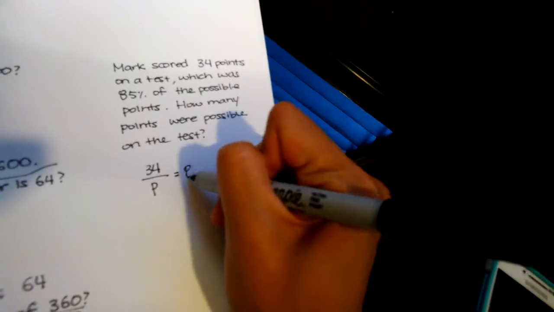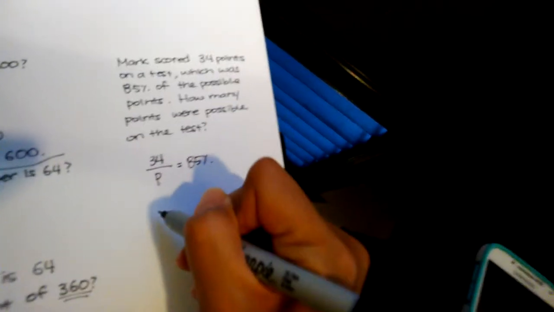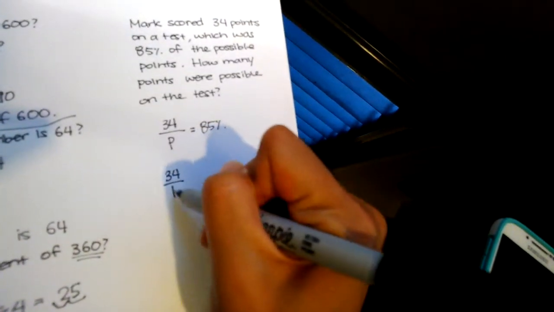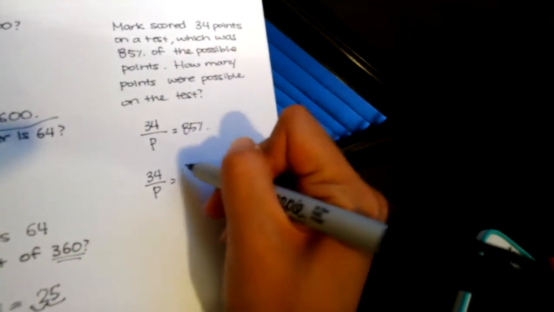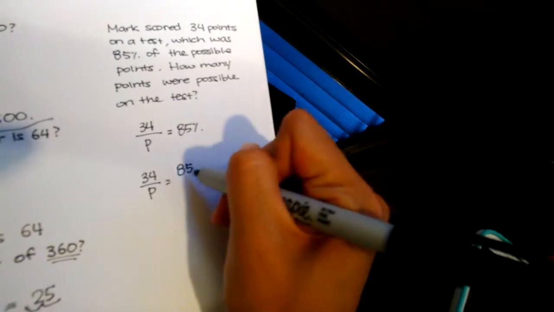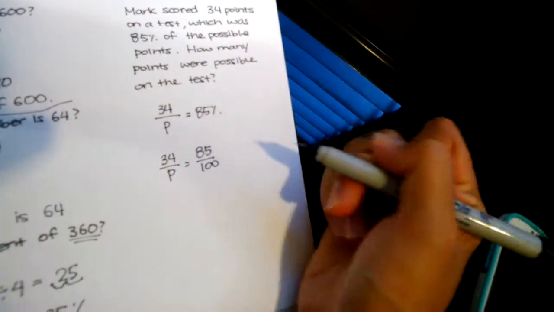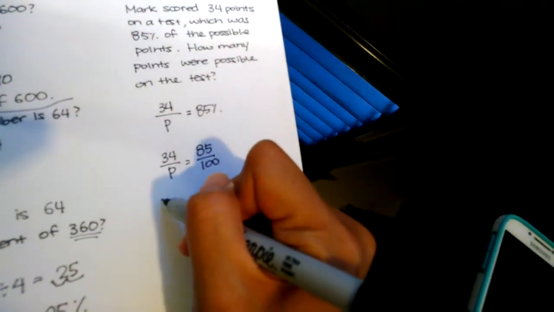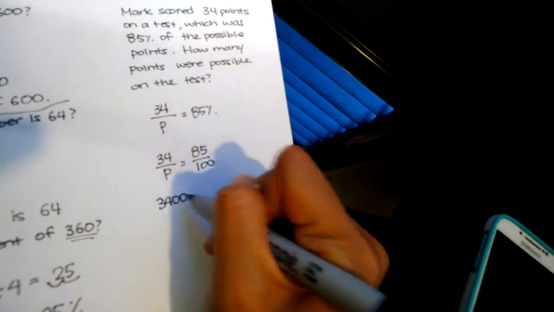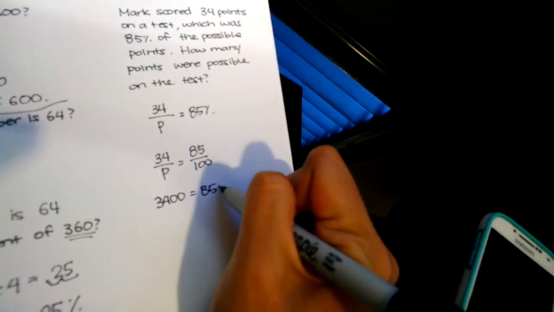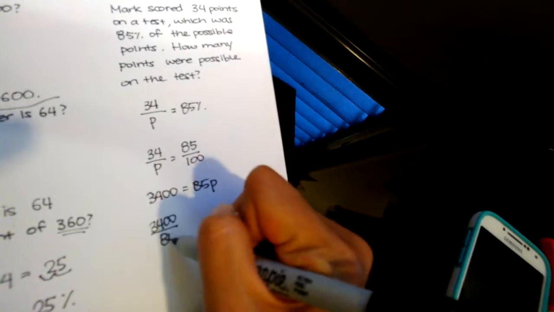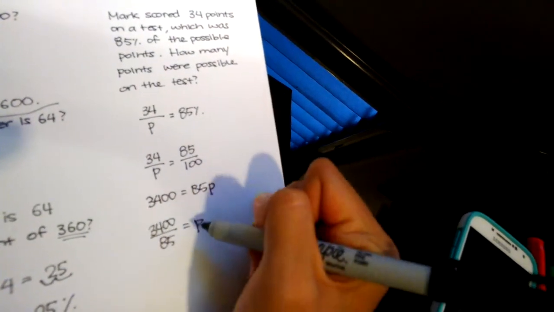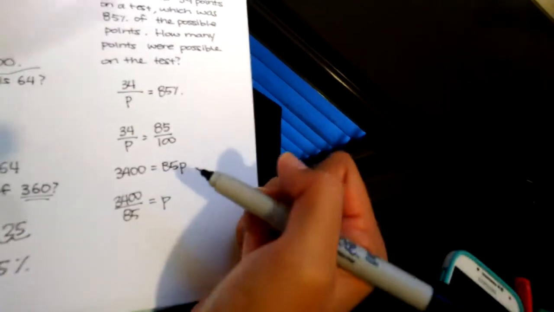I could write 34 over P and then convert the 85% to a fraction, 85 over 100, and then you cross multiply. So you get 3,400 equals 85P. Finally you divide: 3,400 divided by 85 is equal to the points that were possible on the test.